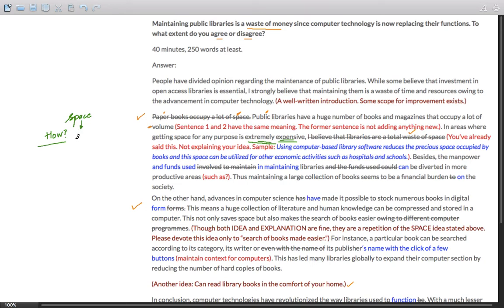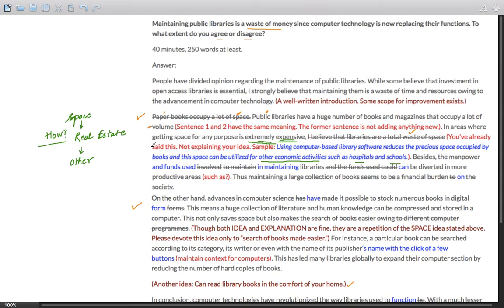For this real estate can better be utilized for other purposes. This is a brainstorming that you should have done before writing the essay, and clearly that brainstorming component is missing, otherwise a student would not have made these repetitions. So space, real estate can be better utilized for other purposes and other economic purposes, such as hospitals and schools.